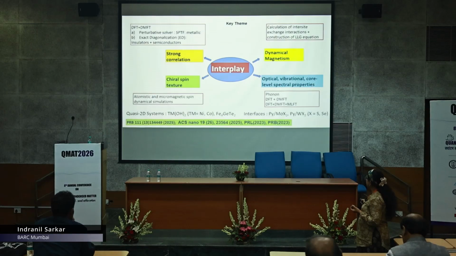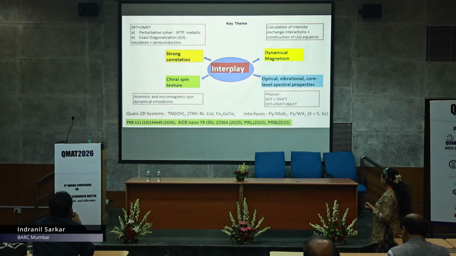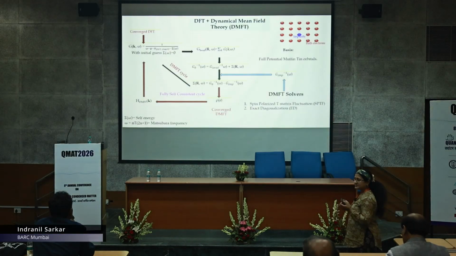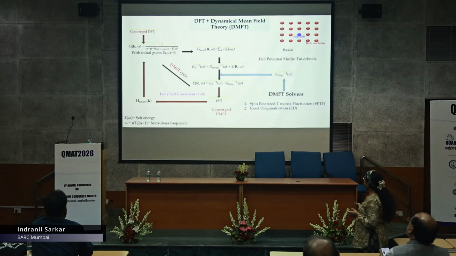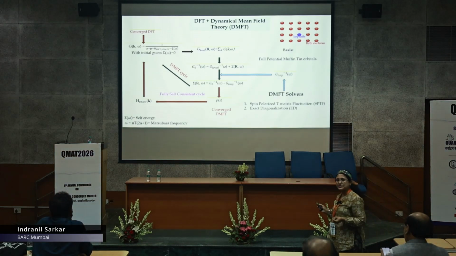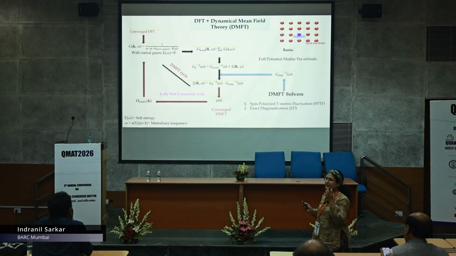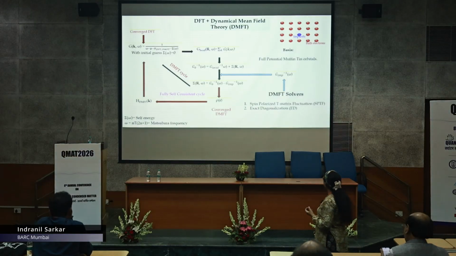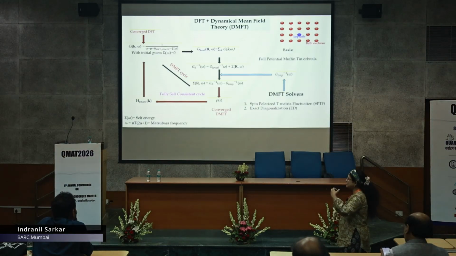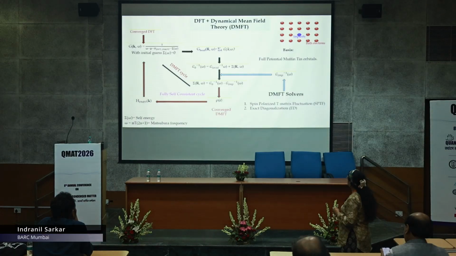And for these quasi 2D systems, as I have specified, these two systems we will be doing, and here are some of our recent works. And some basic mechanism of DFT plus DMFT. We usually take the impurity levels as my correlated levels, and those are embedded within the bath electrons, and there is an exchange between this impurity and the bath.